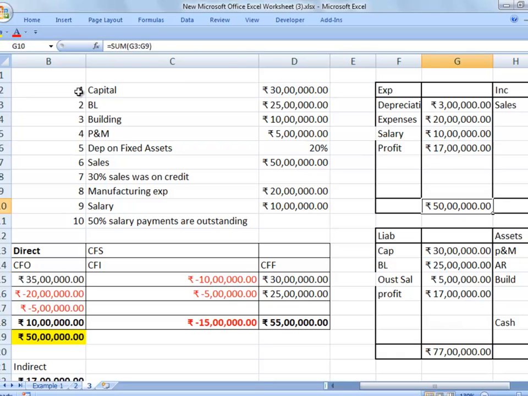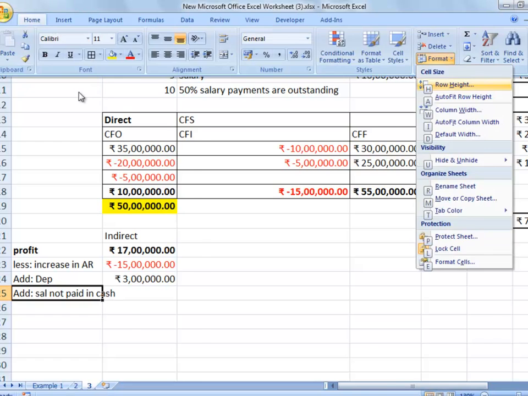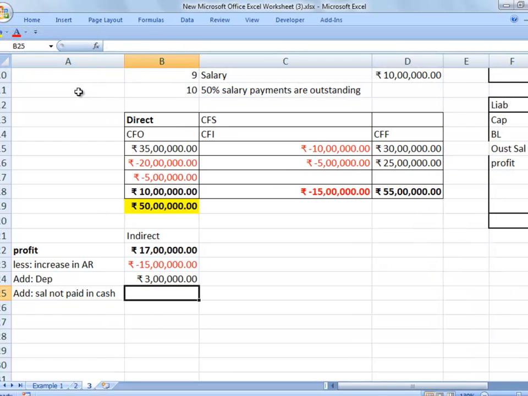Salary 10, but I look at my liability side and figure out that outstanding salary is 5. That means I must have paid in cash only 5, but I have deducted all the 10. I should add back the ones which is not paid in cash. So I will say add salary not paid in cash, and salary not paid in cash was 5 lakhs.